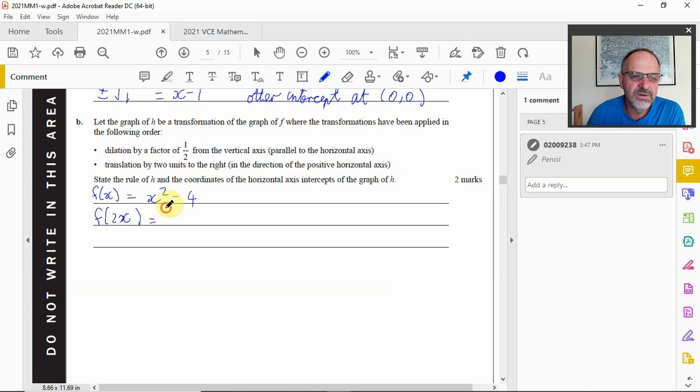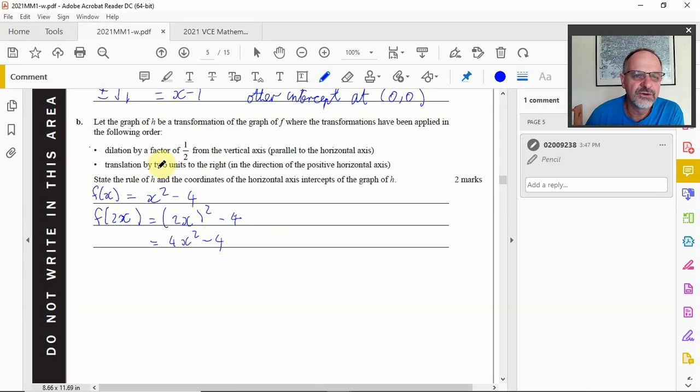So what we need to do then is we double the x first, then we take 4, which you can then expand. And so you get 4x squared take 4, if you like. That's just one way. You don't necessarily need to do that. So that's the dilation.